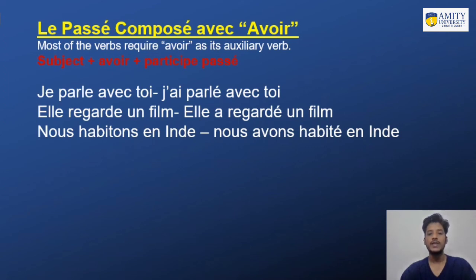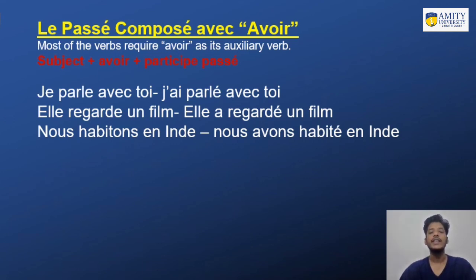Subject plus avoir plus participe passé. Subject is elle. Then avoir, a, elle a. Then participe passé of the verb. What is the verb? Regarder, to watch. So elle a regardé un film. She watched a movie.